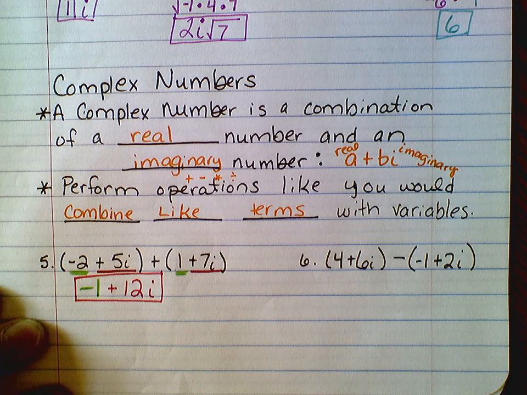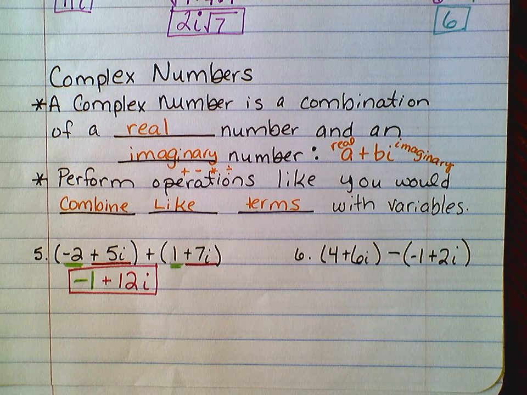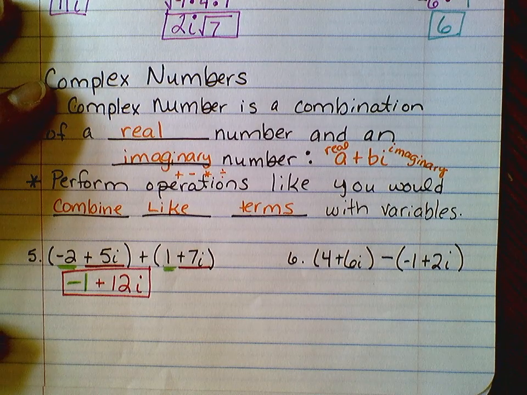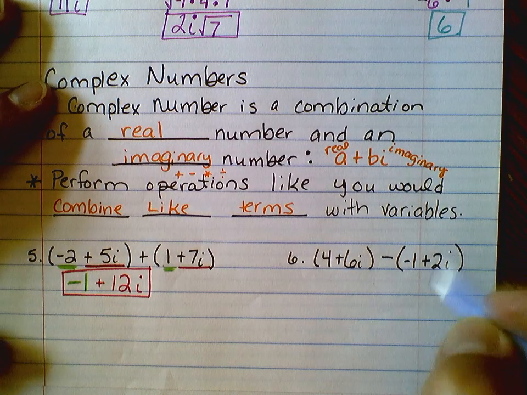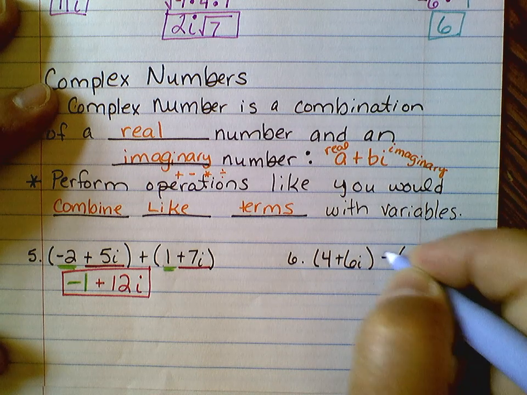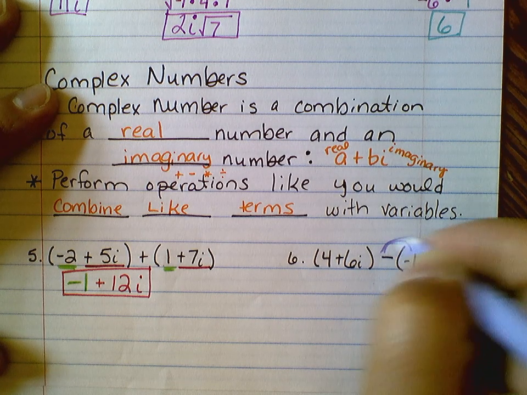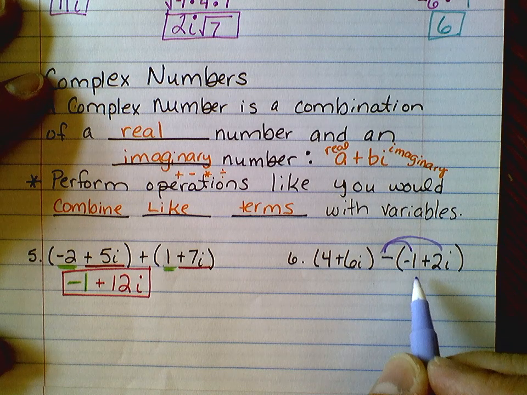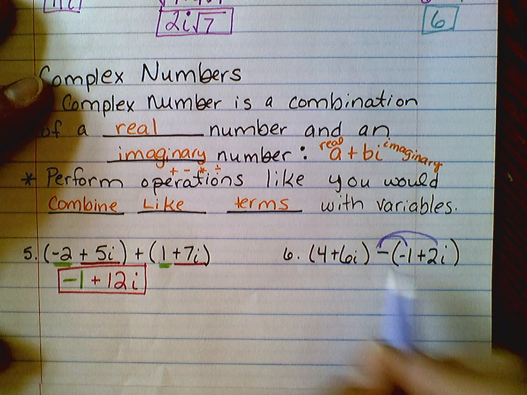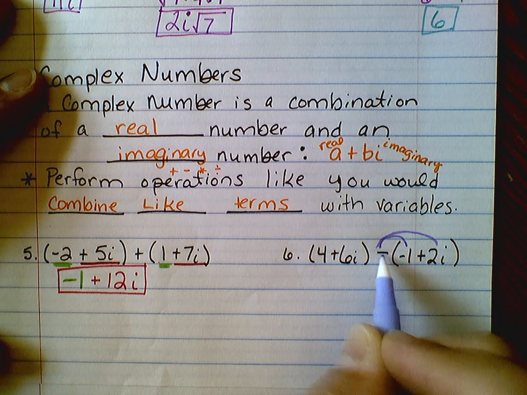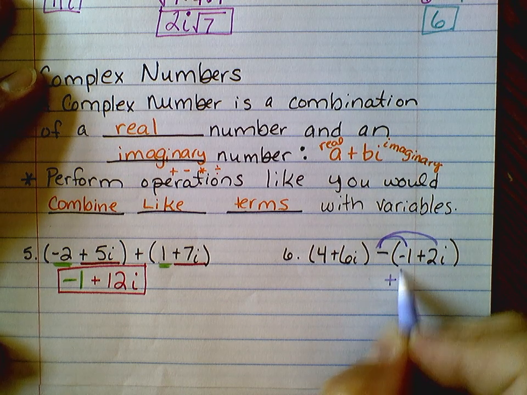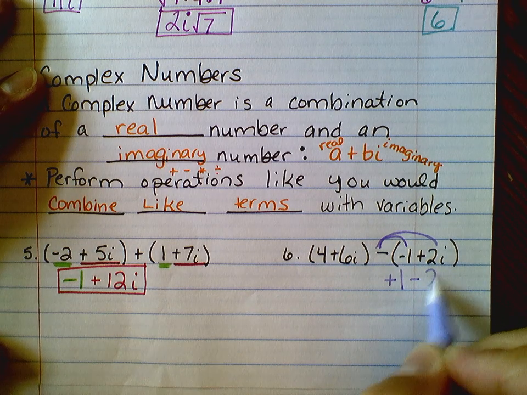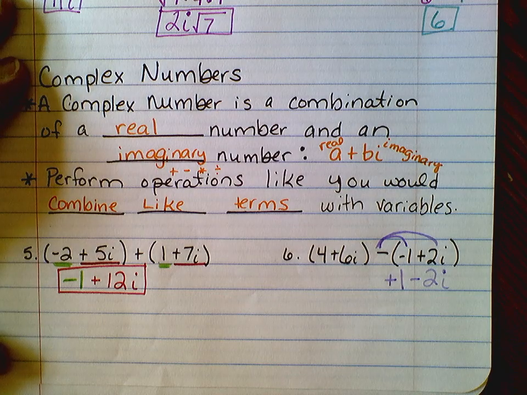For number 6, we are subtracting. When I am subtracting two binomials or two polynomials, I think it's very important to distribute that minus sign through, like a -1, because you often will mess up the signs or forget to subtract. So minus the -1 turns to +1, and minus this positive 2i turns into a -2i.